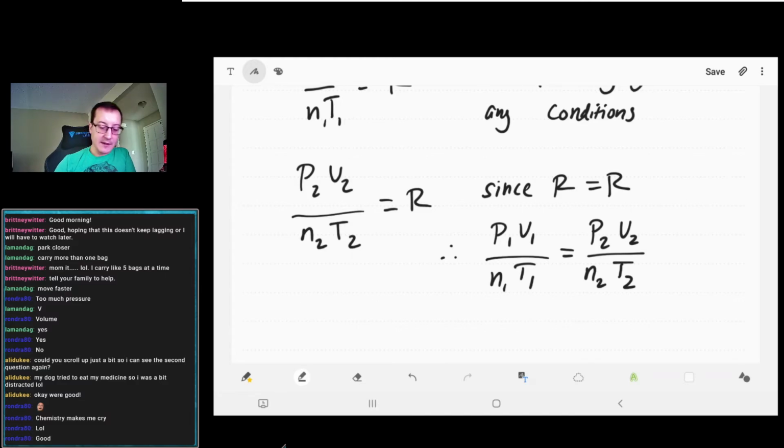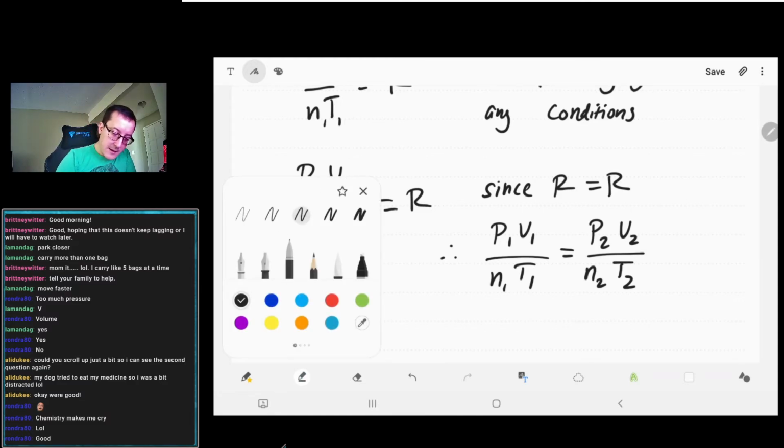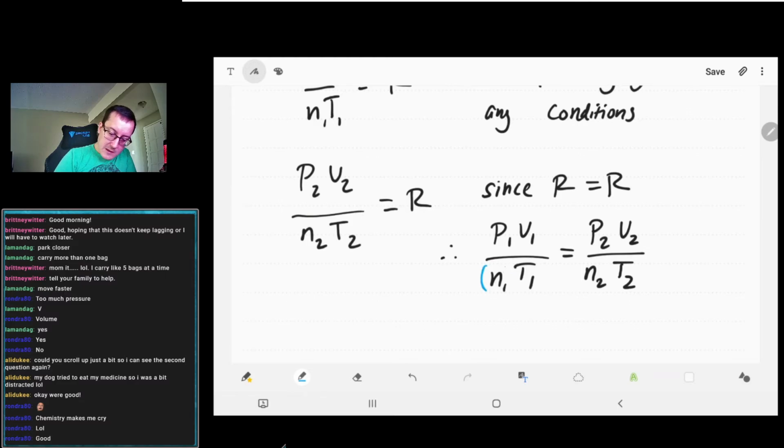And I'm just going to tell you right now, this moles one is actually pretty hard to change. Like, you would have to inject moles into the system, which is typically not something that's done. So this one is often kind of omitted.